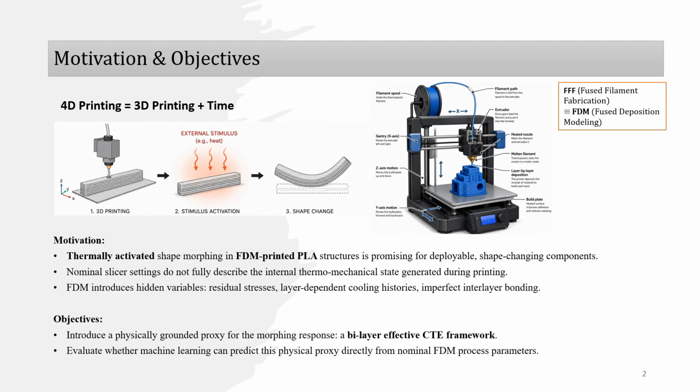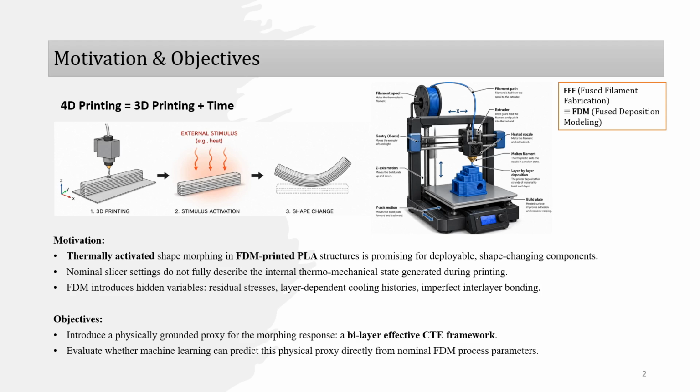During FDM, several hidden variables are introduced. These include residual stresses, layer-dependent cooling histories, imperfect interlayer bonding, and local variations in polymer orientation. These factors are difficult to measure directly, but they strongly influence the final morphing response.